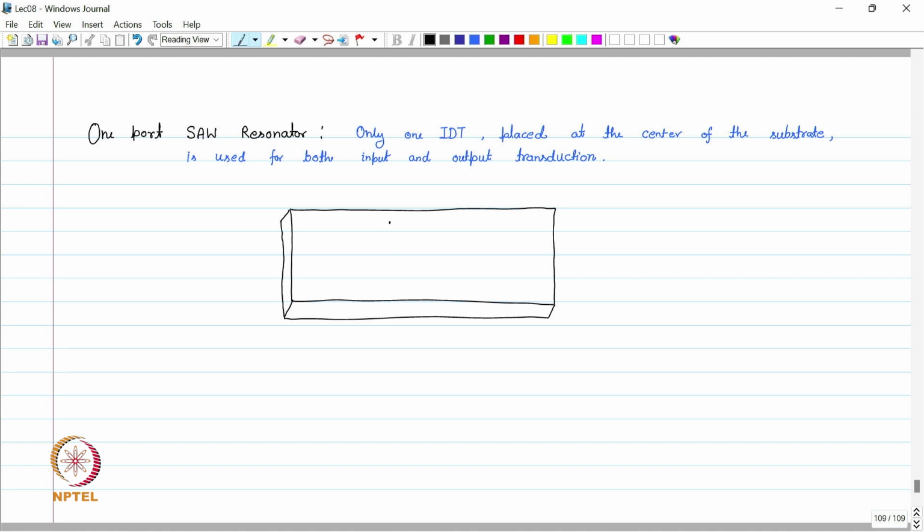So we have, let's say, this IDT structure, this is one terminal and this is the second terminal. So these are the two terminals of the IDT structure, and we call it input and output IDT.